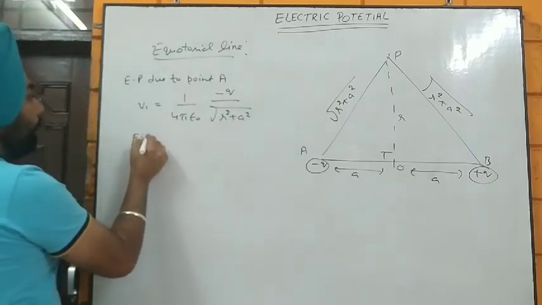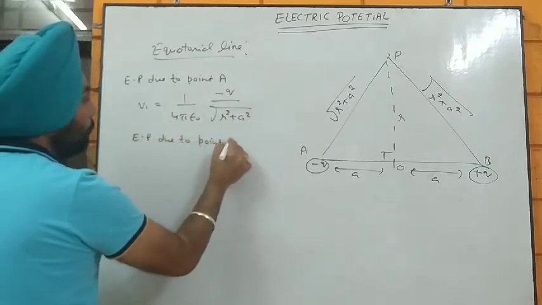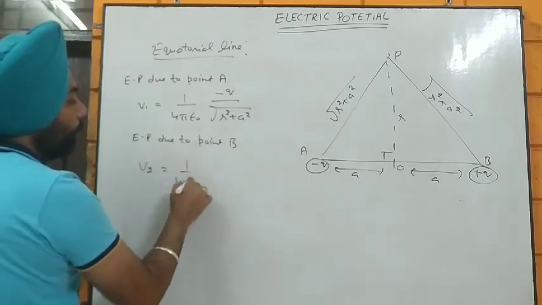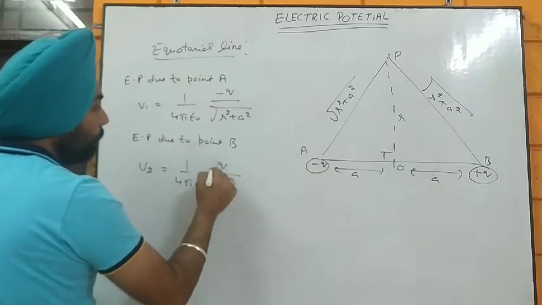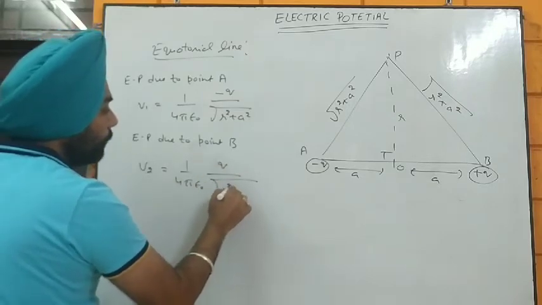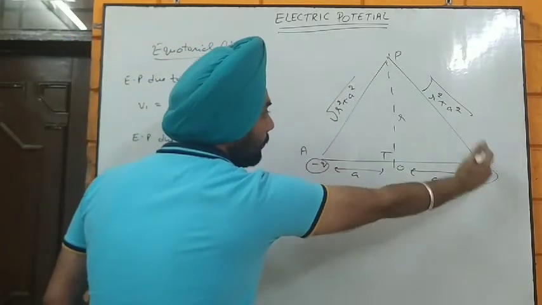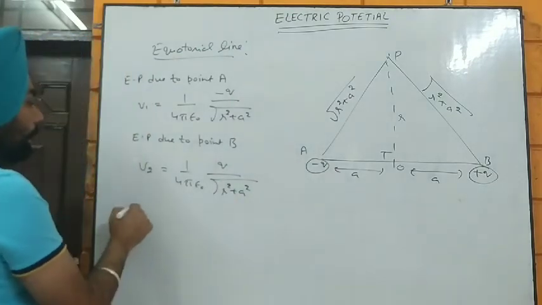Now the electric potential due to point B is given by V2, which is 1 over 4 pi epsilon naught times positive q, and the distance is the same because these distances are the same from points A and B. So it's easy.